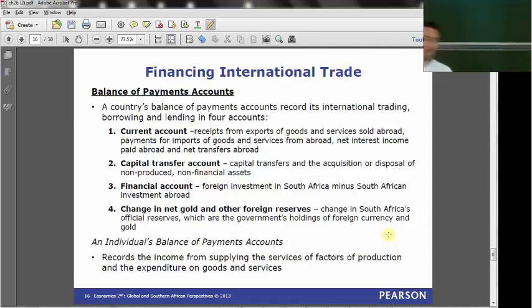Negative 60. They claim to have the numbers for 2011, but they don't, because they've got it as negative 99, which it's not. It's negative 66. Anyway, so the numbers that they've got here are not the right numbers anyway.